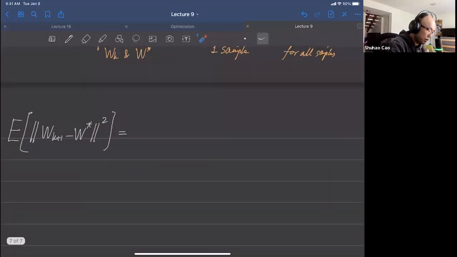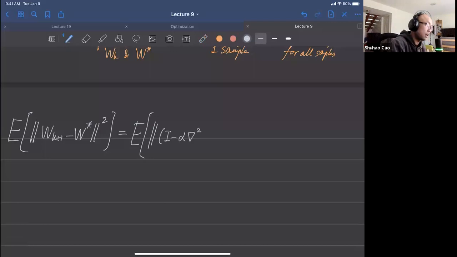So now let's recall the norm. We will have basically the norm of I minus alpha, the Hessian of f theta k, times wk minus w star.